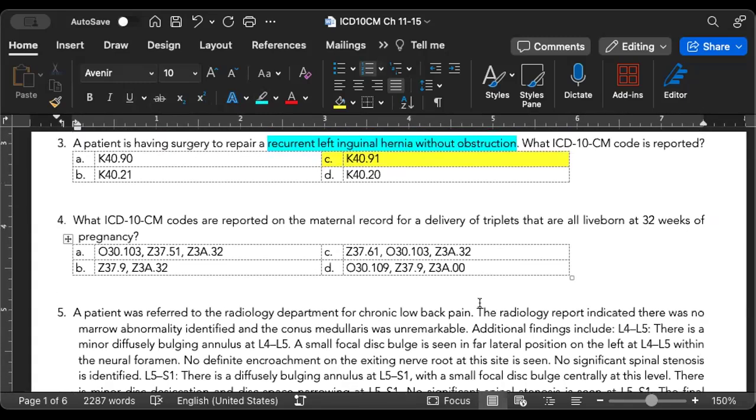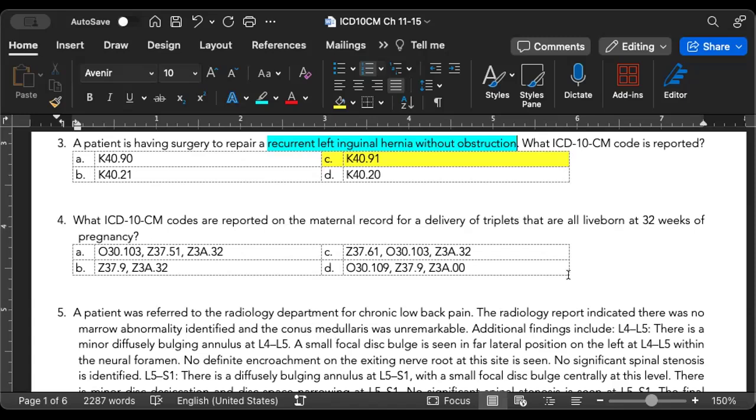Number 4, we have what ICD-10 codes are reported on the maternal record for a delivery of triplets that are all live born at 32 weeks of pregnancy. So first thing we're going to do is report our pregnancy, because we know that our chapter 15 codes for pregnancy are going to always take our sequencing priority.